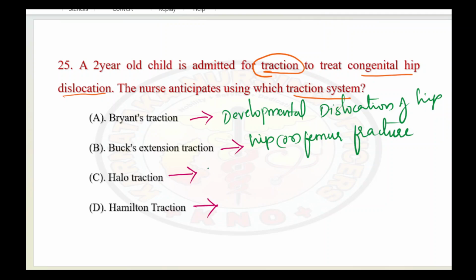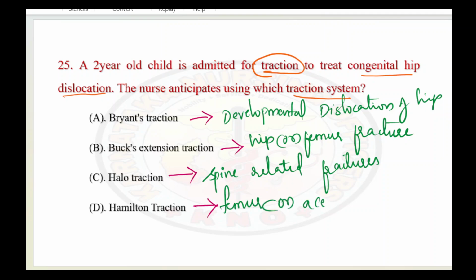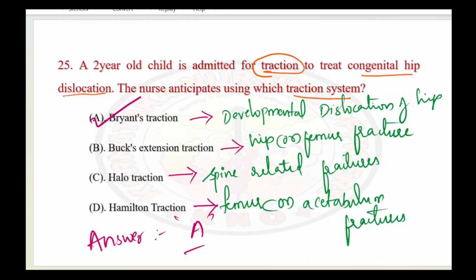And if you take the halo traction, spine related fractures. Fourth is Hamilton. Hamilton is used for femur or acetabulum fractures. Now you can guess the right answer for this. The answer is Bryant traction. Answer is A.